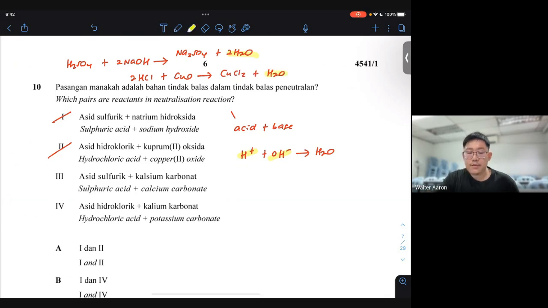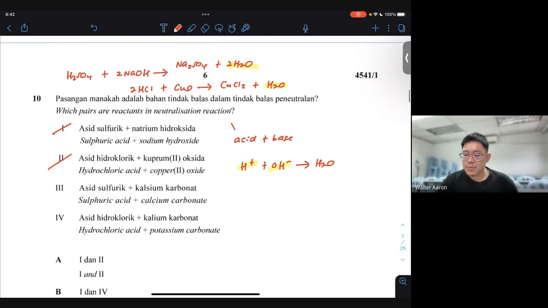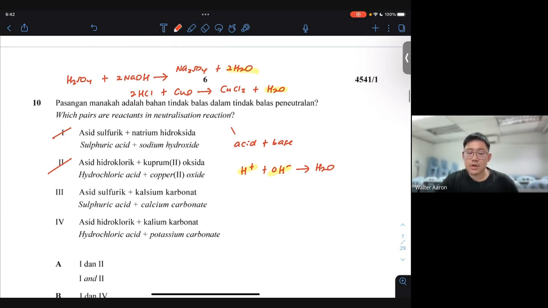Again, water is formed. Now you'll be wondering how the hydrogen ions and hydroxide ions can be produced. When copper oxide dissolves in the acid, it would generate the hydroxide ions, which combine with the hydrogen ions from the acid to produce H2O.